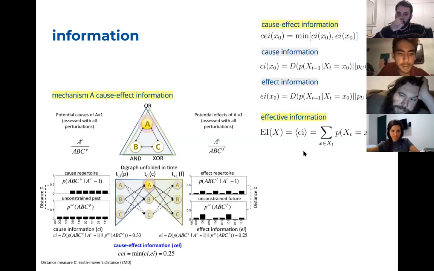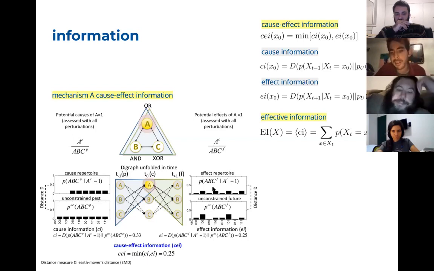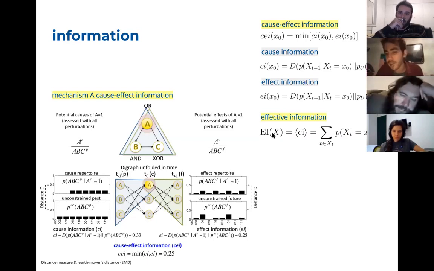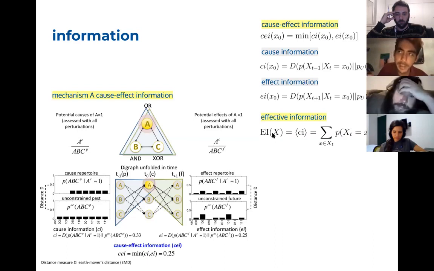So now we have a way to calculate how much information a given mechanism has by being in a certain state. And if you average that out, you get some sort of effective information that goes through that node, how much information that node is able to process. You average across all possible states and see if it has high degrees of cause information. And then what Hoel would do is try different coarse grains of the system and see where this effective information is maximized.